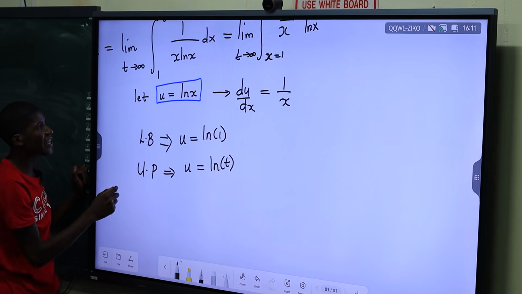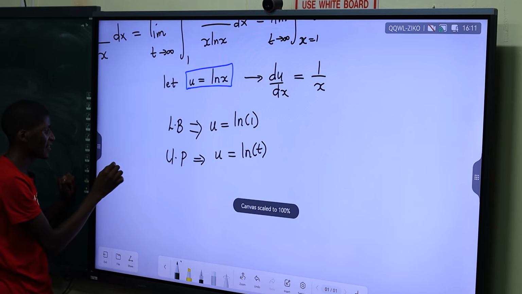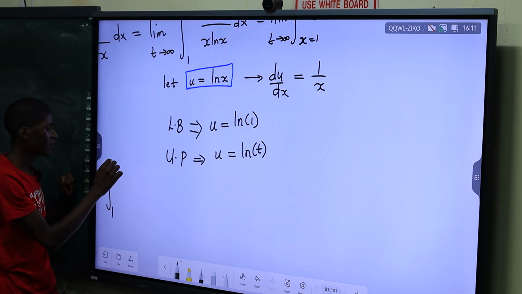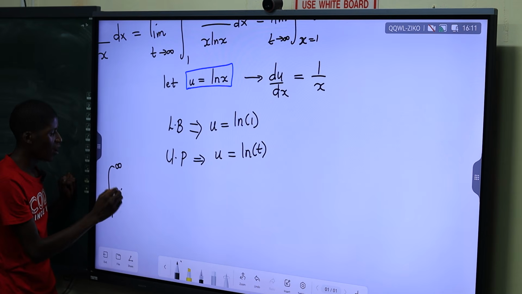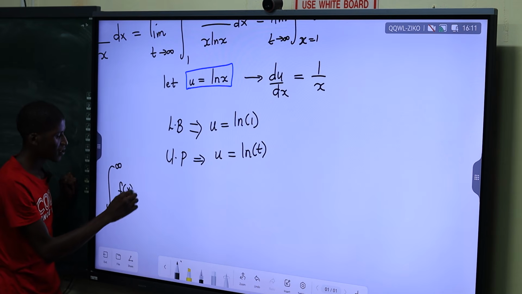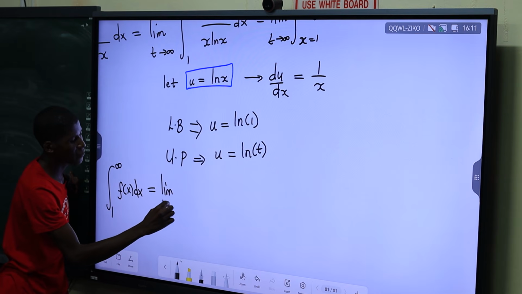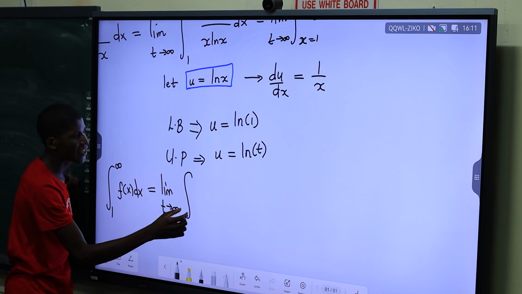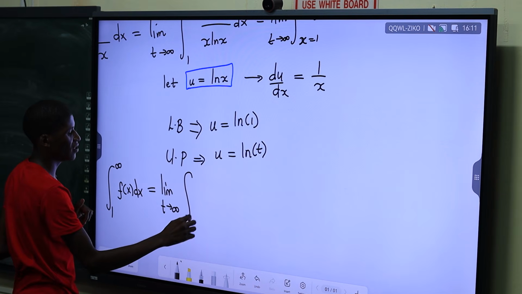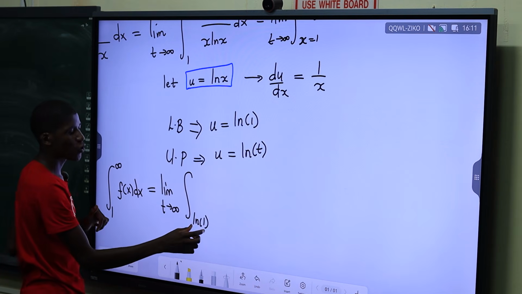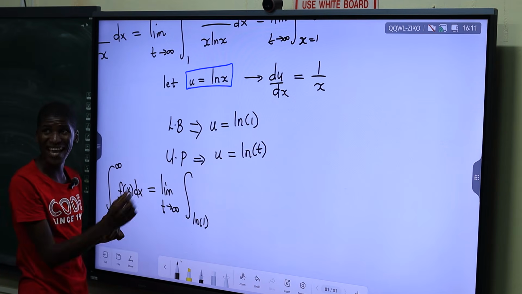So therefore, to solve that integral, as we continue with it, we say the integral from 1 to infinity of f of x dx is giving us the limit as t approaches infinity of the integral. The lower bound is now what? It is now ln 1, I'm saying. Because we are now using the bounds of u, not of x.